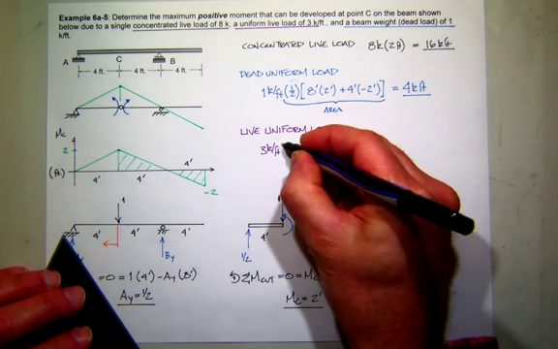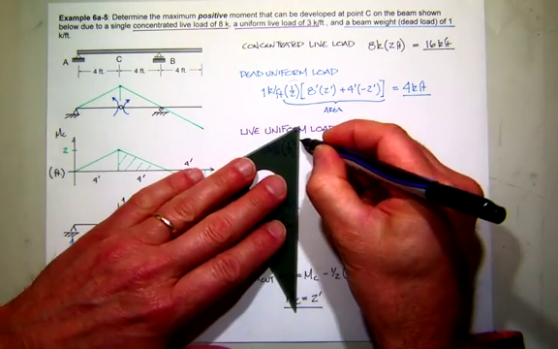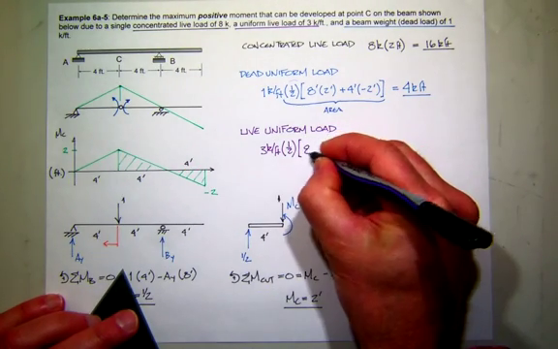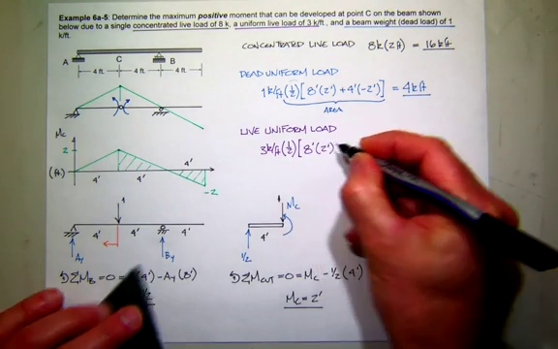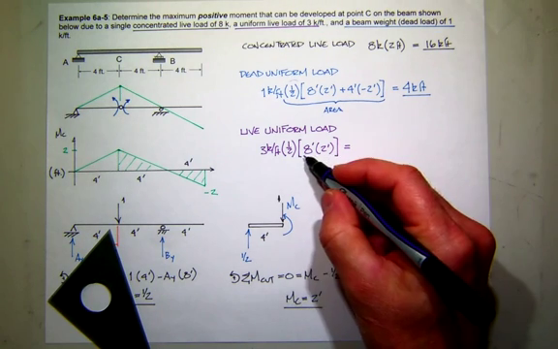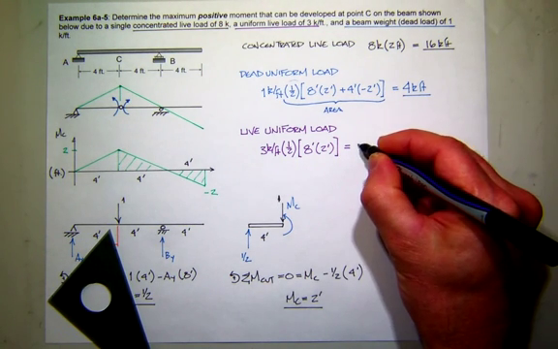Again, it's a triangular load, so I'll just pull my 1/2 out. And I'm just looking at the positive part. So that'd be 8 feet for the base of the triangle, 2 feet for the height. And so this contribution is just going to be, what is that, 24 kip feet? 8 times 3?